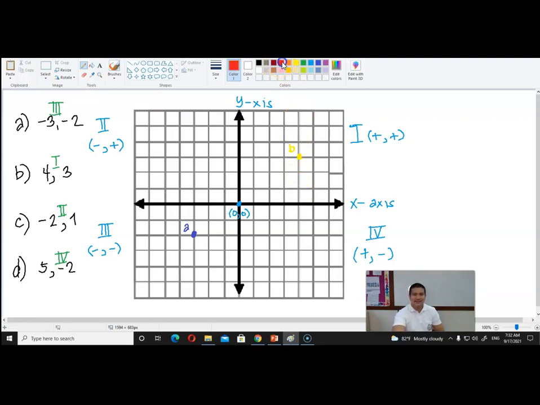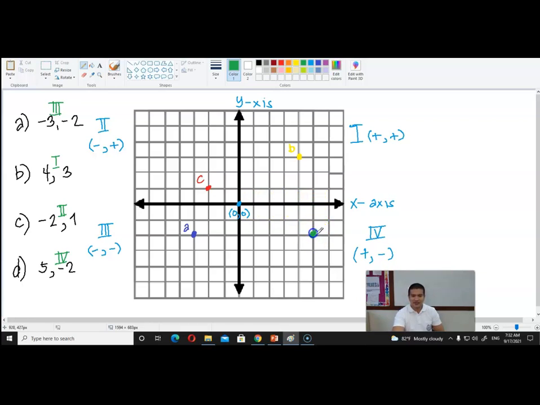Okay, next let's try letter C. Negative, so it must be in quadrant number 2, right? Negative x, positive y. So 1, 2, and then 1 up. So this one will be your point C. And then the last one we have, D, is in quadrant number 4. So here 1, 2, 3, 4, 5, and then negative 2, so 1 and 2 counts down.